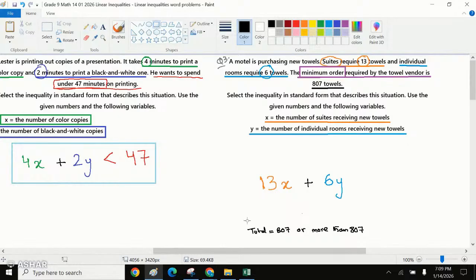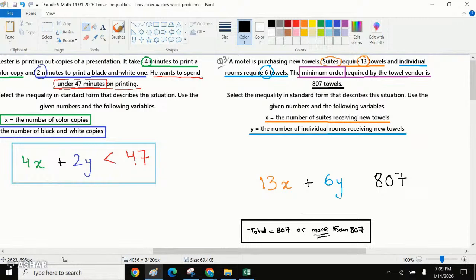These could be the total number of towels, right? So what we can say is this is 807. It could be equal or more, right? That means the number of towels 13x plus 6y would be greater than equals to 807.